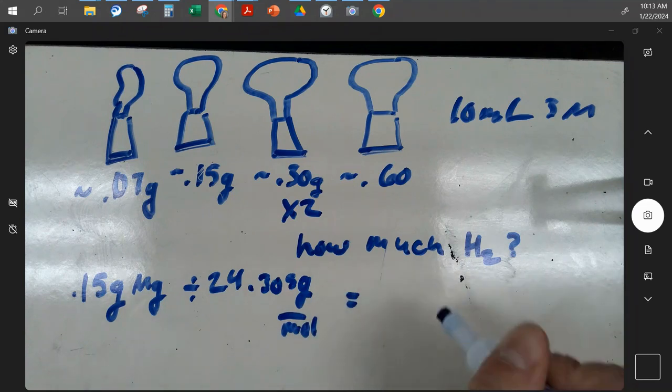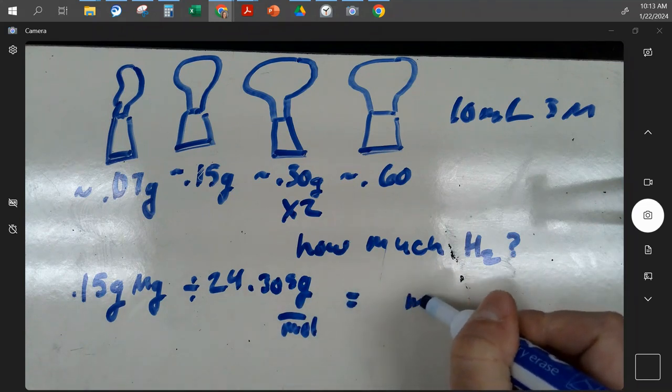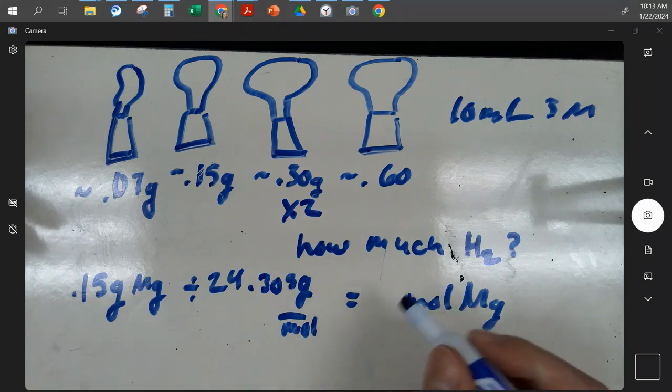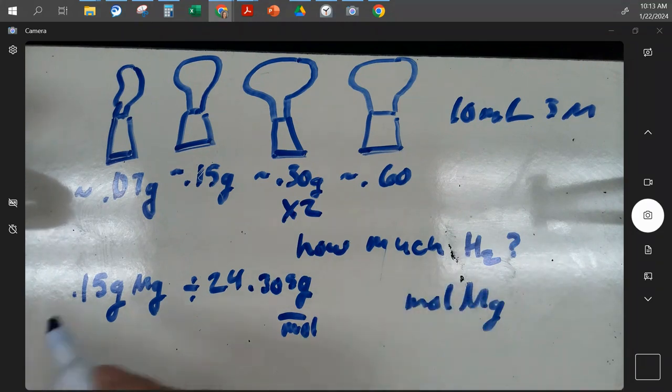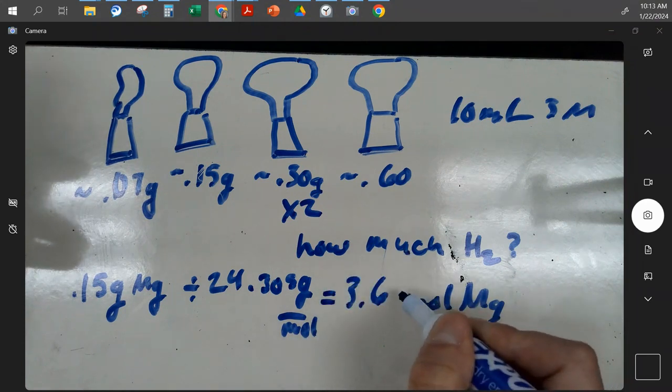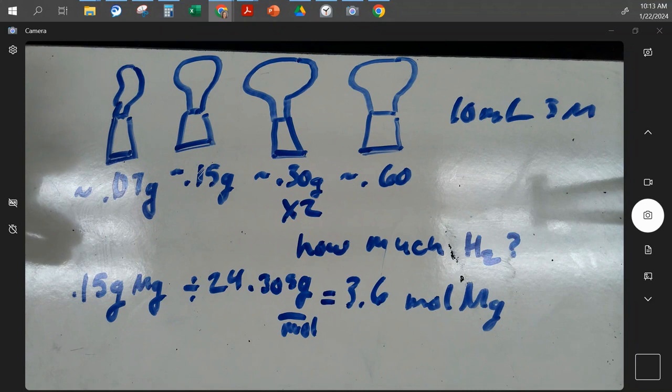That'll give me moles of magnesium. Okay. And again, you are using your values, not the given value, unless that's exactly what you measured out. That's not expected. Okay. And I have 2 sig figs, so I'm going to keep 2 sig figs, 3.6 moles of magnesium.